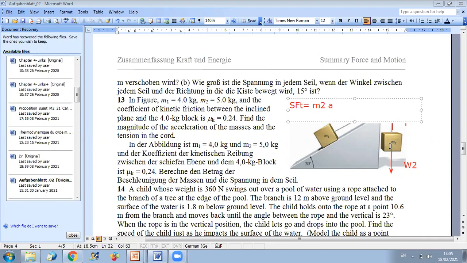It is plus W2 minus T. So plus W2 minus tension equals M2 times A.